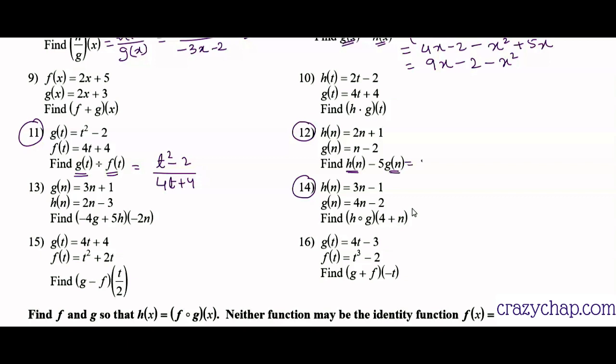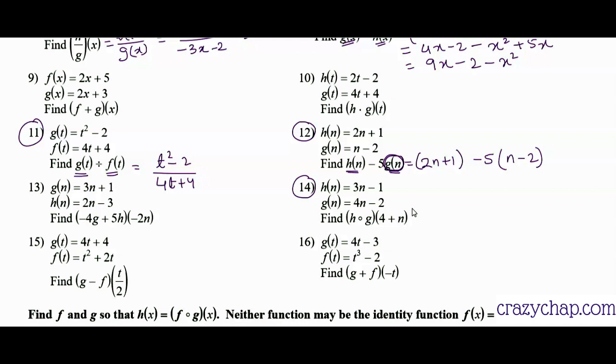For h(n) I am writing 2n plus 1, which is given to us, minus 5 times g(n). So g(n) is in multiplication with 5, so I will put a bracket and write the g(n) value, which is n minus 2. We'll try to simplify it.